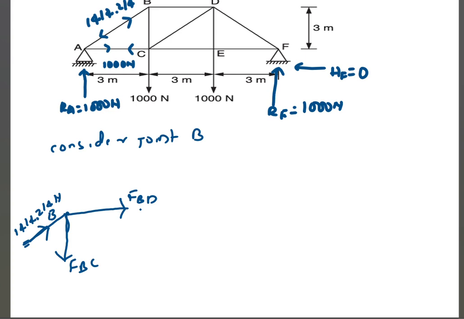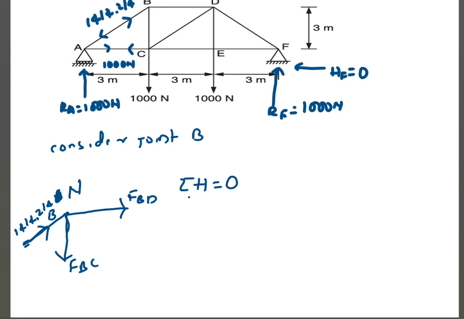So FBC, FBD. Here the force present in the member FBA is compression, and its magnitude is 1414.214 Newton. So let us start finding the forces present in the members.